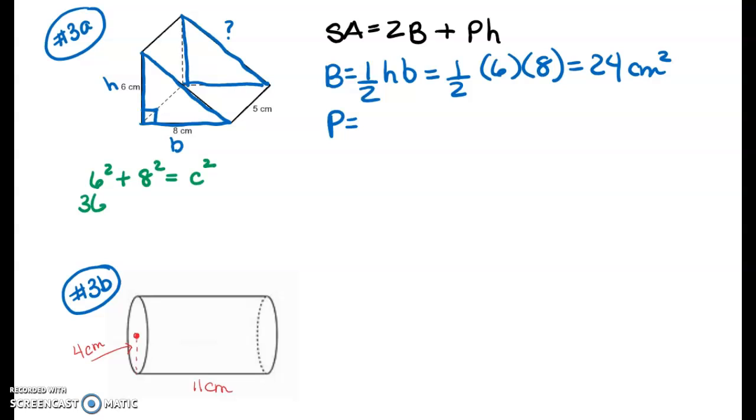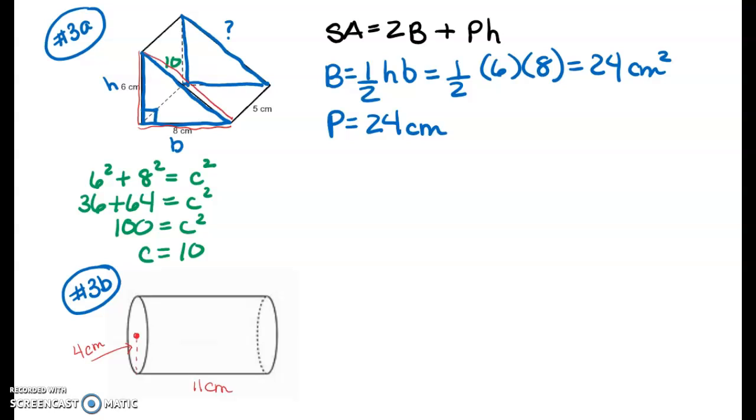So that's going to be 36 plus 64 is c squared. 100 equals c squared, so c is going to be 10. All right, so this has a length of 10. So my perimeter is going to be 6 plus 8 plus 10, so that's going to be 24 centimeters, right? That is the distance around my base.